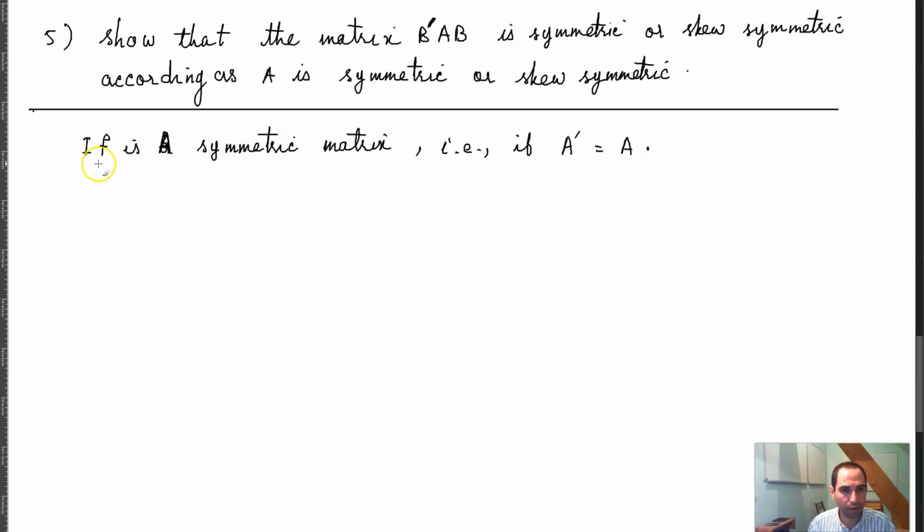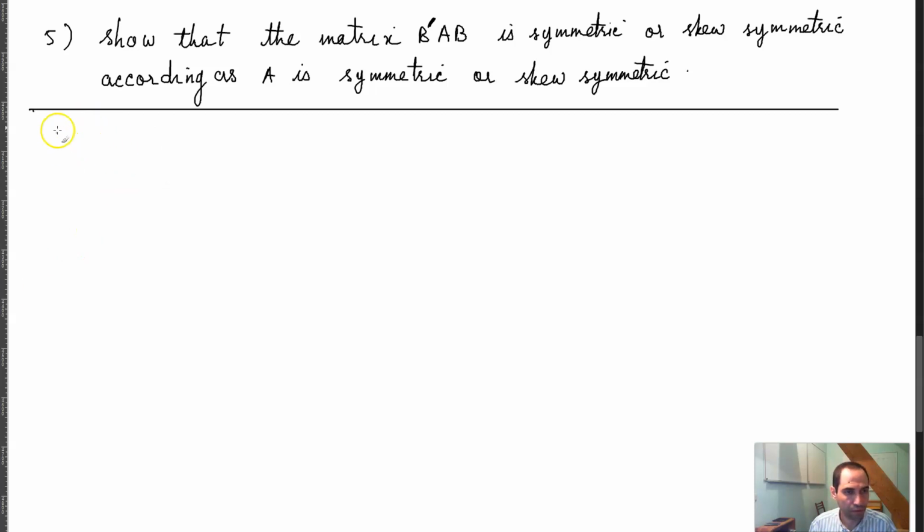So the assumption that I can make is that A is a symmetric matrix, meaning that A prime is equal to A, or in other words, A is symmetric.